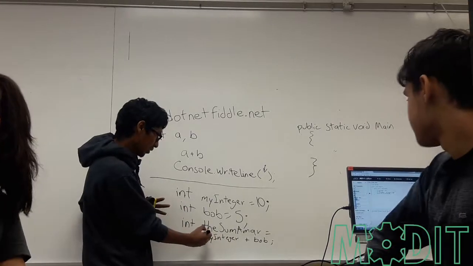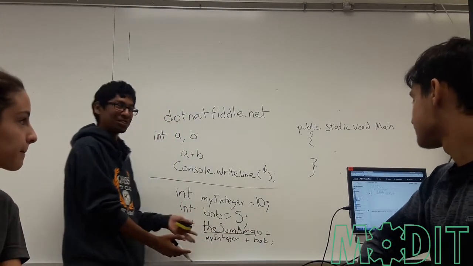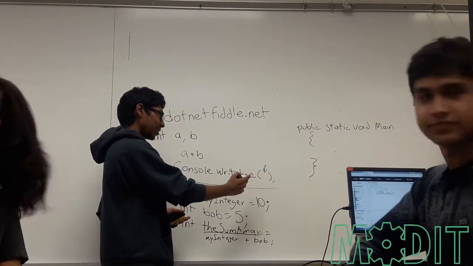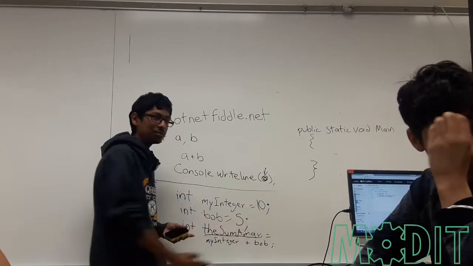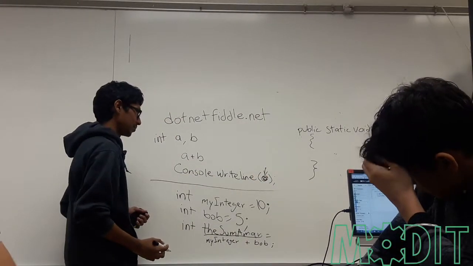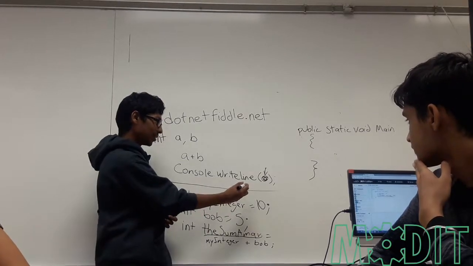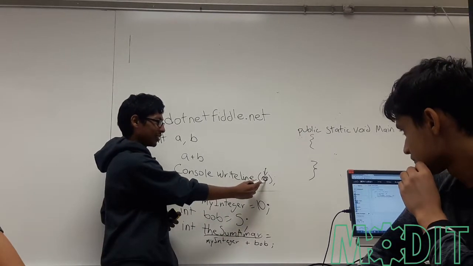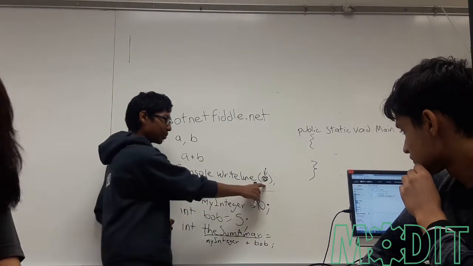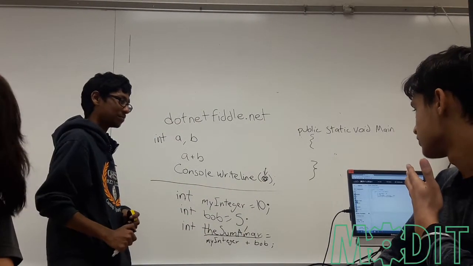So in this case, we'd want to print the sum, or whatever you named it, to the console, in which case you just put that name in here, between these two parentheses.